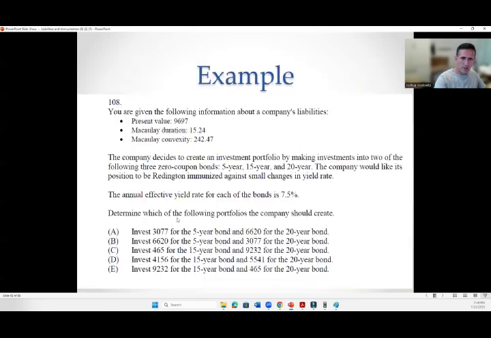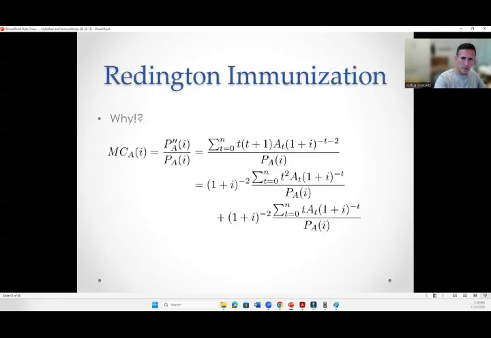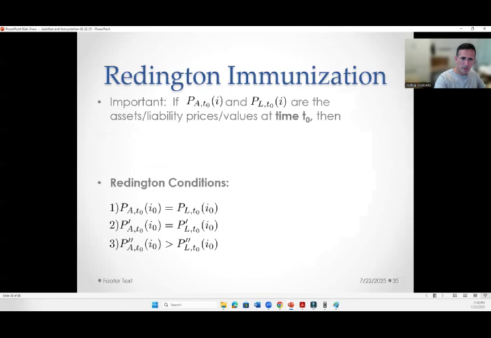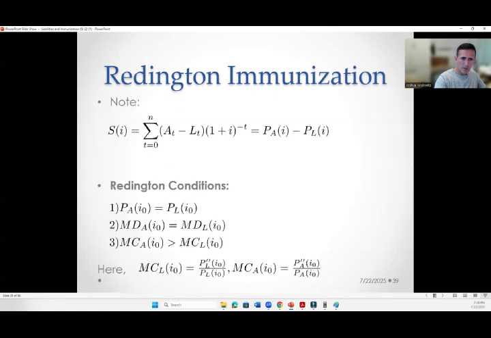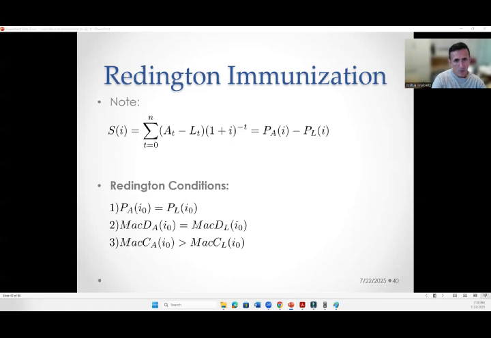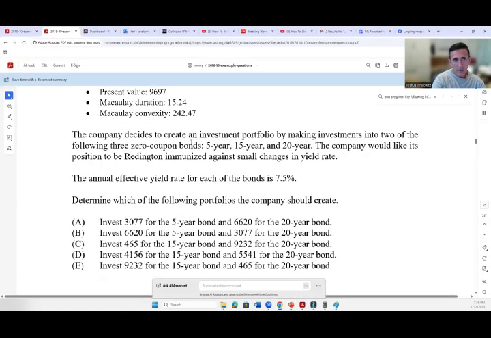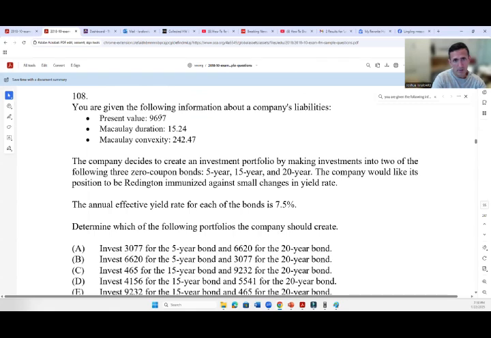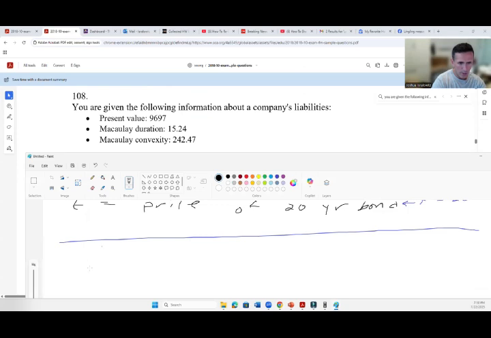The total price, actually, let me, right, quick. So the present value, the total, which is the price of the liabilities, is 9,697. So 1 is simply, well, total price of your assets is X plus Y plus Z. When I say price, I mean present value at t equals 0. So that's 9,697.